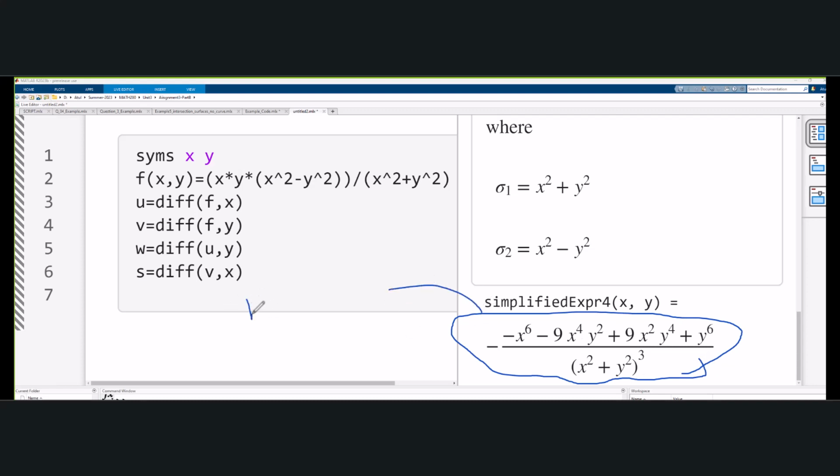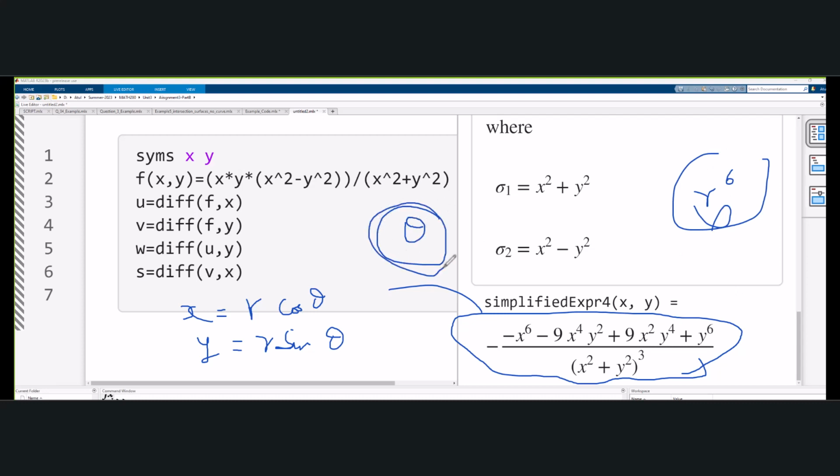So here, if you took, say, x equals r cosine theta, like change it to polars, and y equals r sine theta, then this is a polynomial of degree 6, this is a polynomial of degree 6, so r to the power 6 will just cancel in the numerator and denominator, and the limit at 0 will depend on the values of theta, that is, along your approach. So it wouldn't have a limit and consequently it wouldn't be continuous. All right.